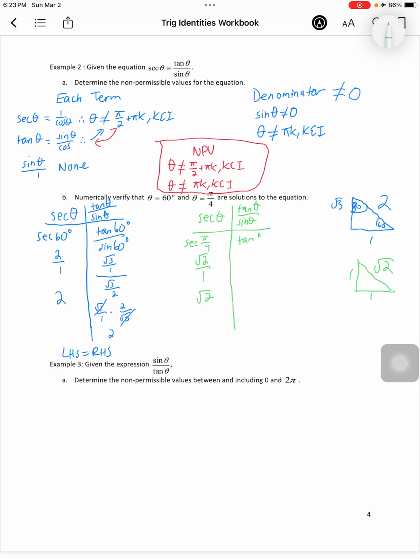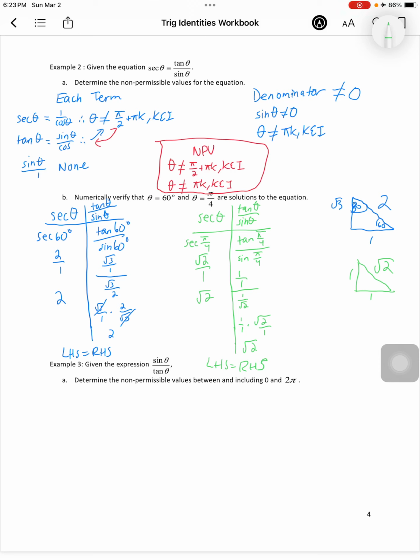And then tan pi over 4 over sine pi over 4 is the same thing as 1 over 1 divided by 1 over square root 2, which is the same thing as 1 over 1 times square root 2 over 1, which is just square root 2. So the left-hand side equals the right-hand side. And then you're done the equations.